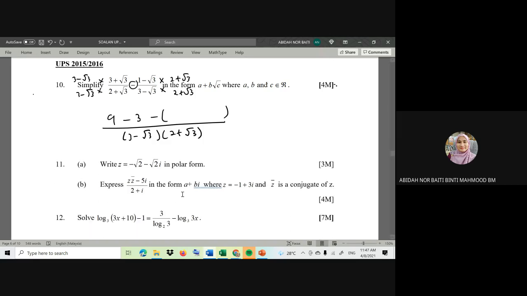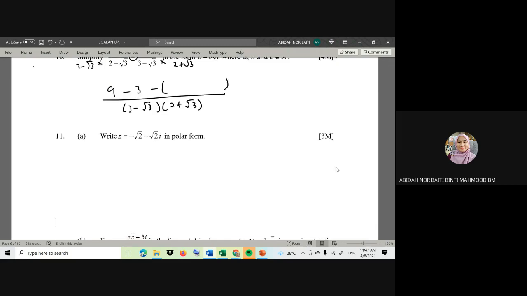Number 11, we take 11A. The polar form is the same as what we did earlier. Find R first. The formula is negative root 2 squared plus negative root 2 squared. What do we get for R? We get 2. Then determine your quadrant.